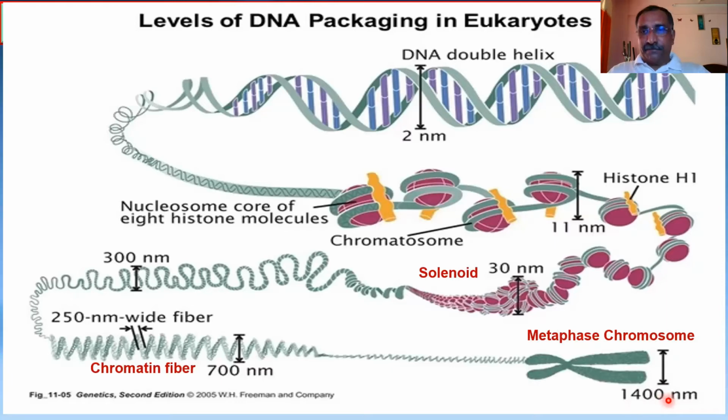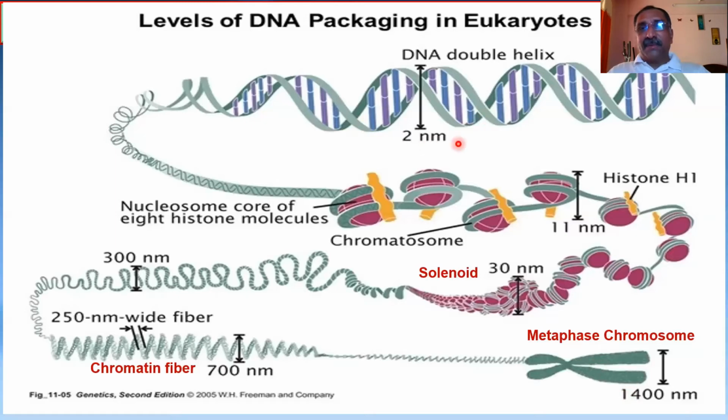Finally the size of the chromosome is 1400 nanometer. Now just imagine the 2 nanometer DNA, very thin and very long, a 2.2 meter long DNA, that has been made into a very small but very thick chromosome.